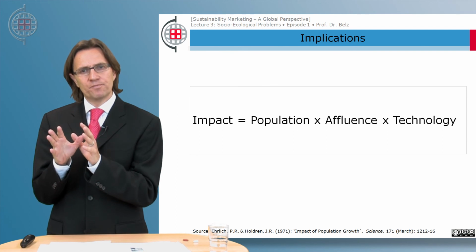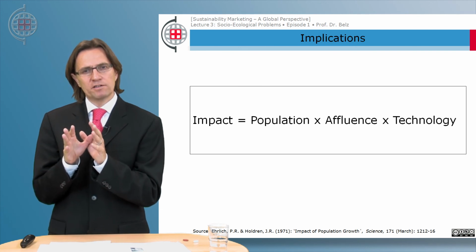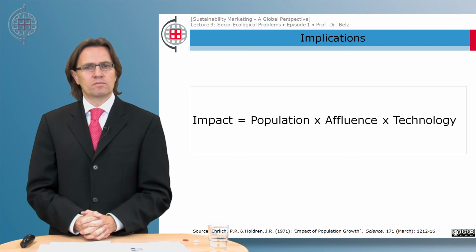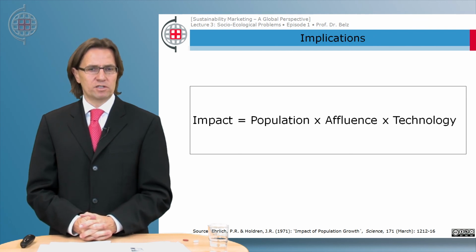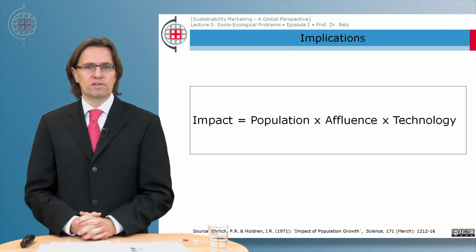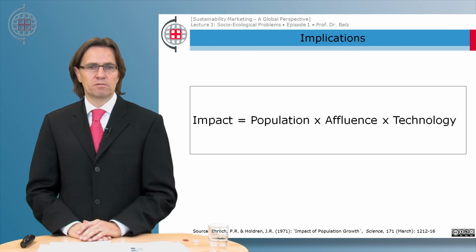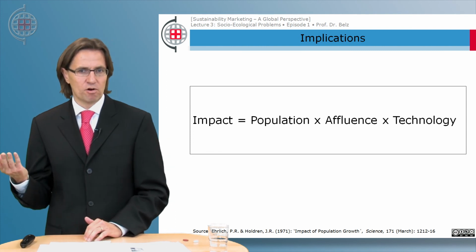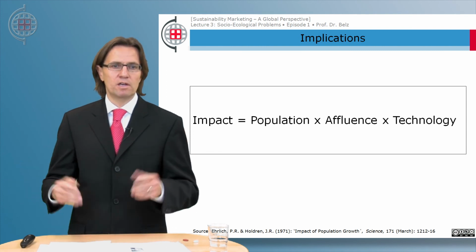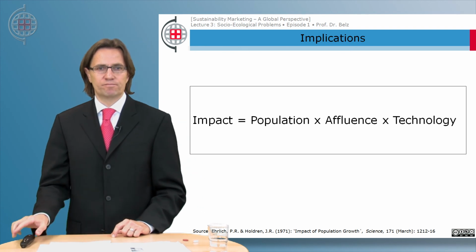So you can see that sustainability marketing is mainly directed at technology, partly at affluence, and it can make some contributions to reduce these factors and to reduce the impact. So we can see it has its possibilities, opportunities, but also its limitations.